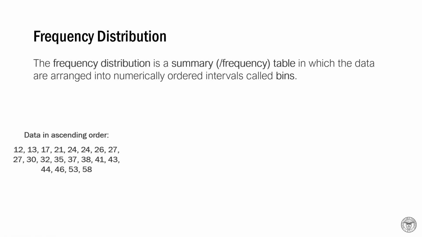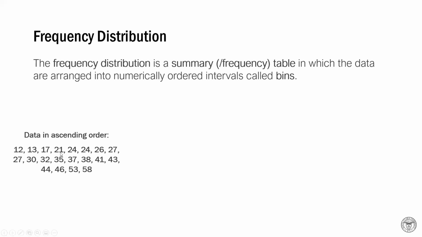For a given data set, you may first sort the data in ascending order like this one. We already sorted it, right? So you can see 12, 13, 17. So they are in ascending order. Now we need to decide how many bins, or in other words, you need to decide the range of the intervals of the data to categorize the data set into different categories.